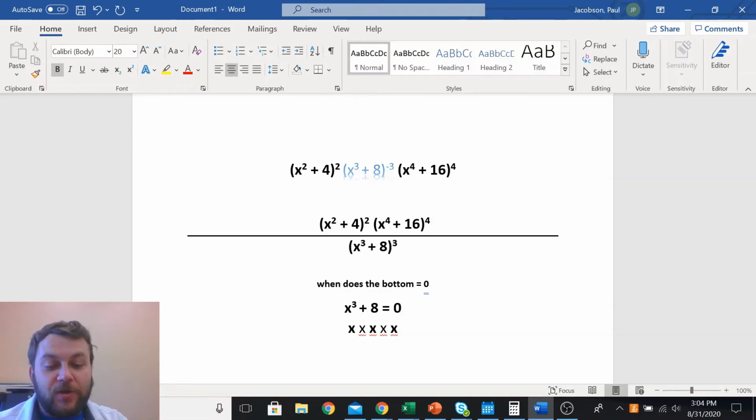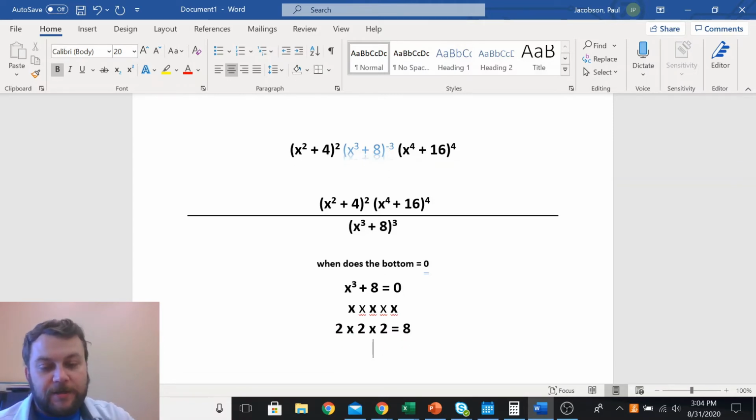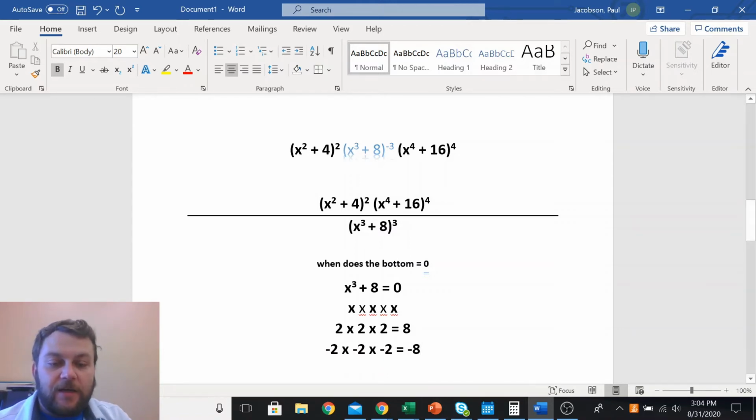But if we just plug a 2 in there, 2 times 2 times 2 is equal to 8. We need it to be negative 8. So it's negative 2. Negative 2 times negative 2 times negative 2 equals negative 8.